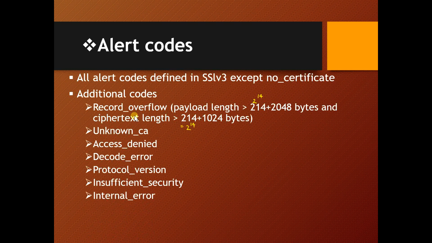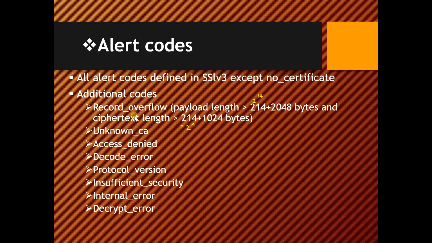Then we have the internal error. It is basically an internal error which is unrelated to the peer or the correctness of the protocol, making it impossible to continue. Next we have decrypt error.